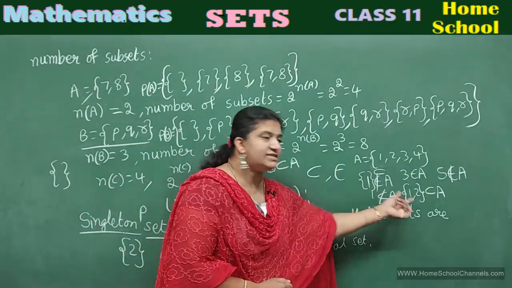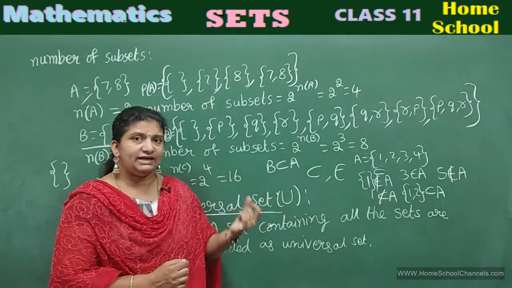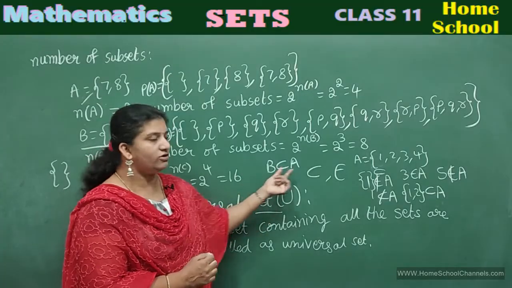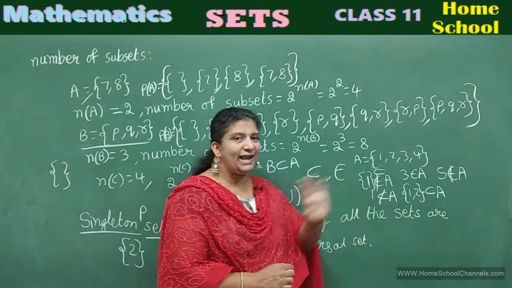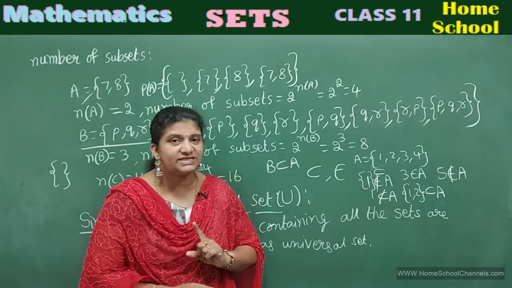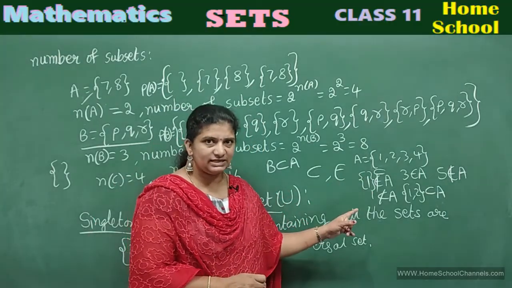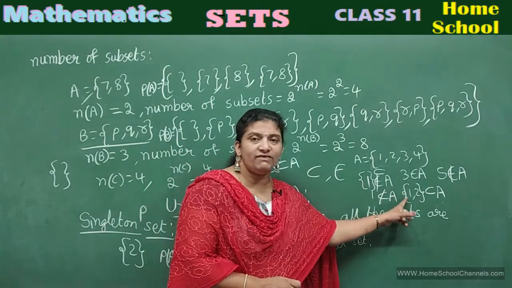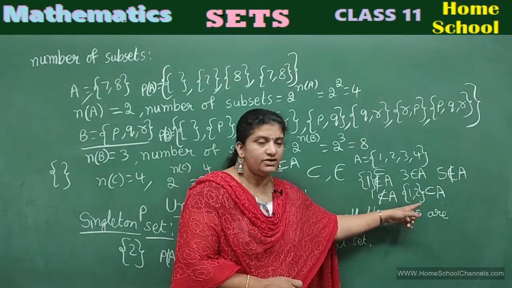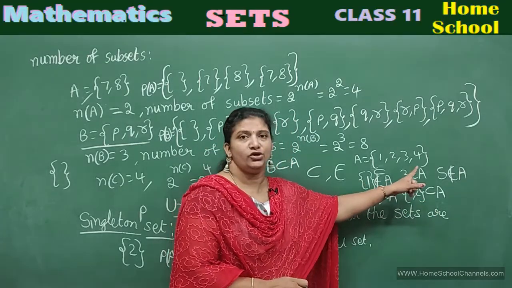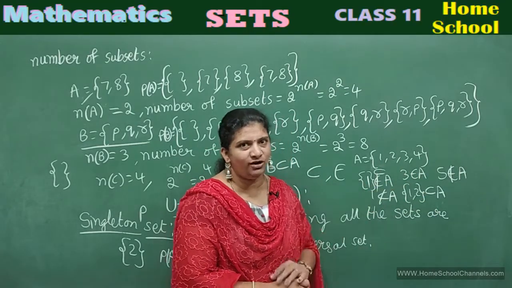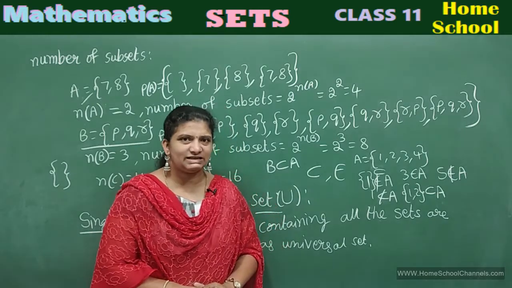Suppose for the given set you give a set letter, then with that set also you can write subset. With only elements, you should not say subset. Is this clear? Only when you write subsets, you use this symbol. If you take only elements, you use belongs to or does not belong to. Is this clear?